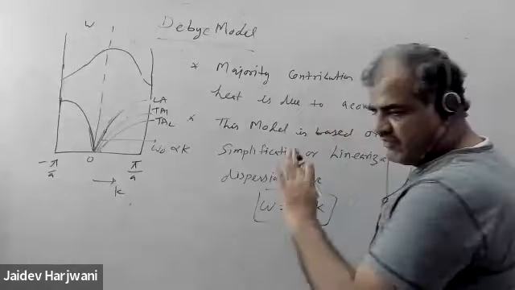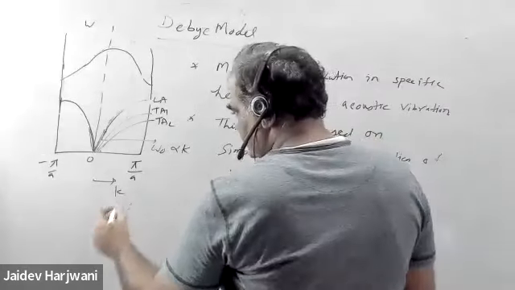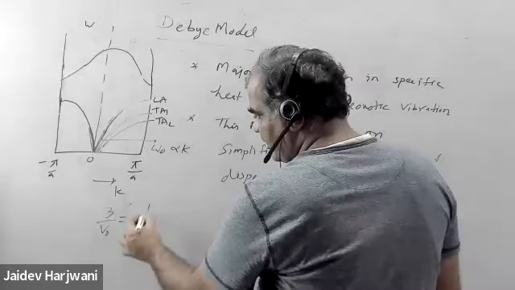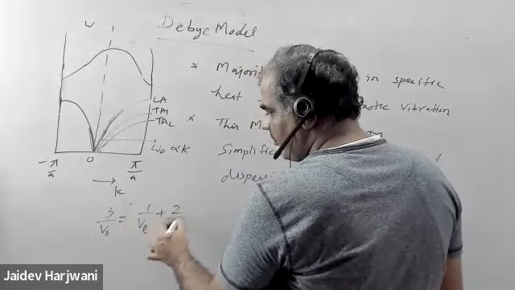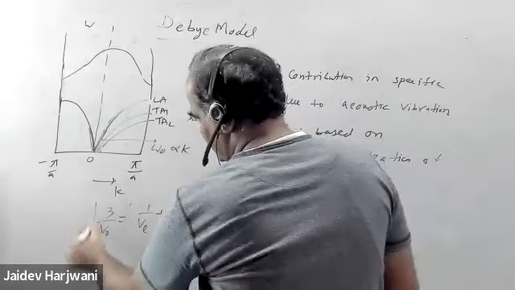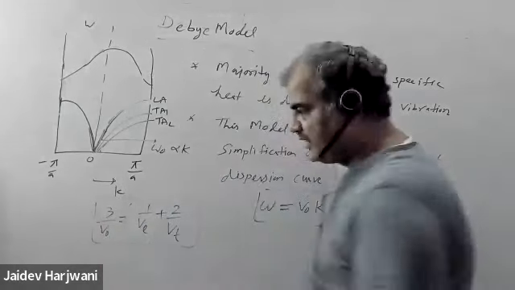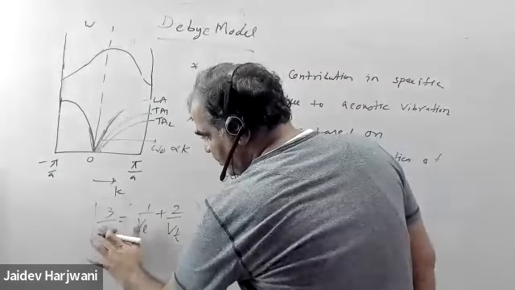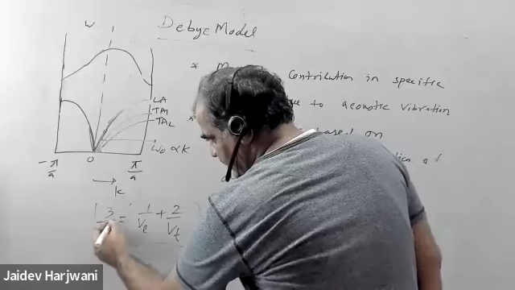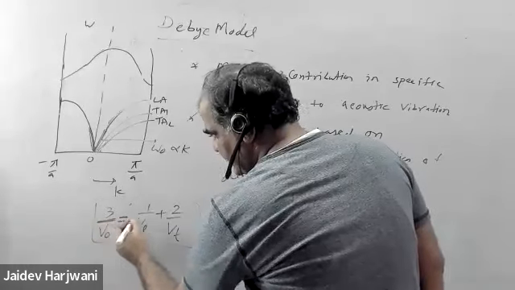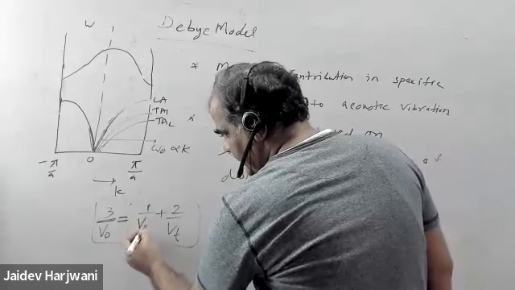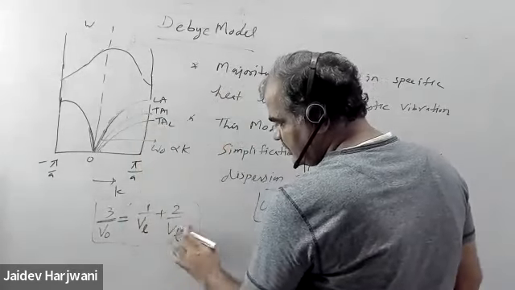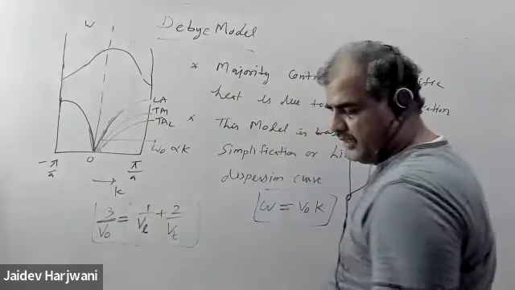We don't use it directly, but you should remember: V naught is basically the velocity of sound at longer wavelength region, equal to 1 upon VL for the longitudinal branch plus 2 upon VT, as there are 2 transverse branches.